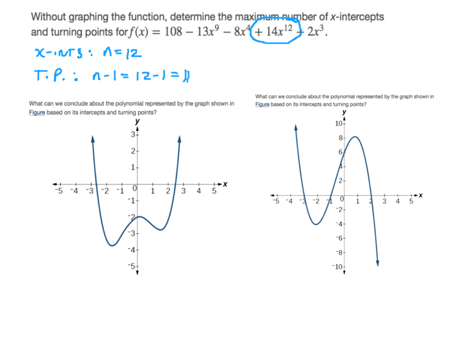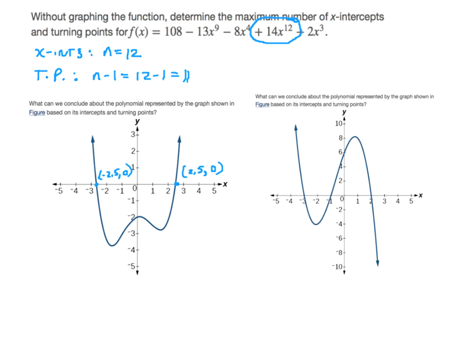Okay, so we're given these two graphs here, and it says, what can you conclude about these just from the way their graph looks? We can conclude that it has x-intercepts. It looks like these are the points negative 2.5, 0 and positive 2.5, 0.